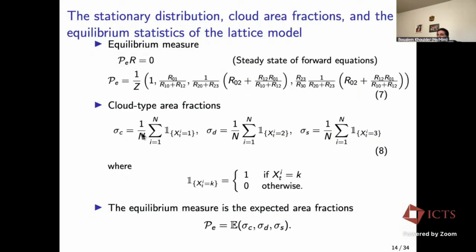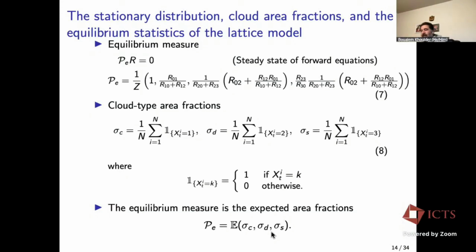You divide by the total number of sites, you get the area fraction of congestus, and you do the same for deep, and the same for stratiform. And if everything is correct, if your statistics, your math, your simulations are right and you have no bugs, the math tells you that this equilibrium measure is the expected value of these area fractions. So right off the bat, we know roughly the target of this model.